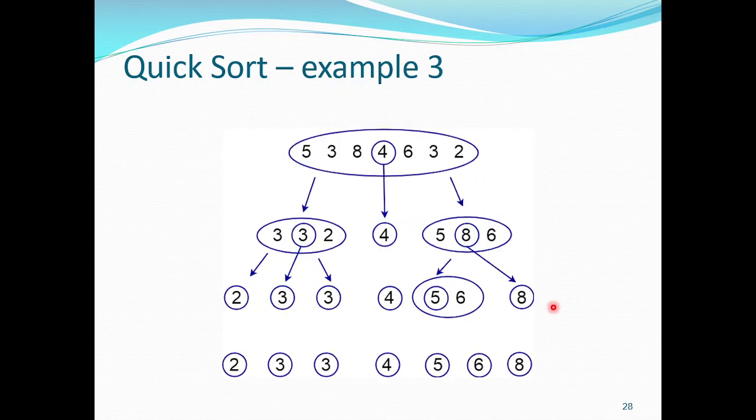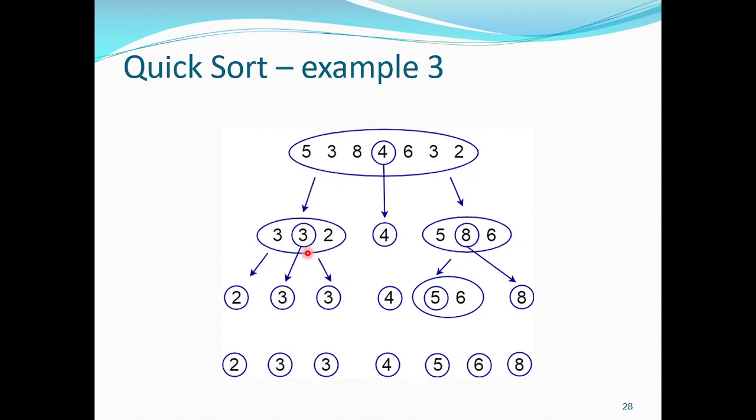You also can draw it like this, similar to the previous, but the pivot we take is at the middle. If you take 4 at the middle, whatever is smaller will move to the left.